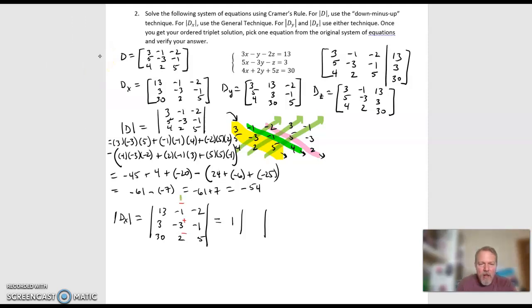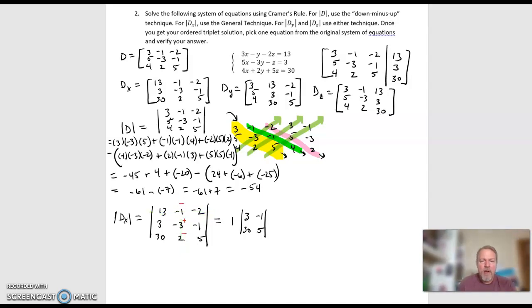So I cover the column and the row that the negative 1 is in, and what's left uncovered is the 2 by 2 that you're going to take the determinant of. So uncovered is 3, negative 1, and 32, 5. All right? And then we do the same for the next pivot.